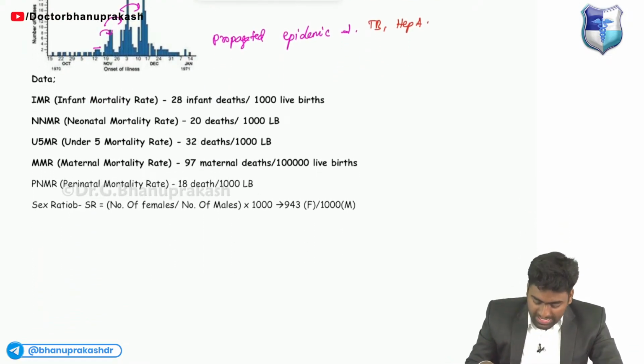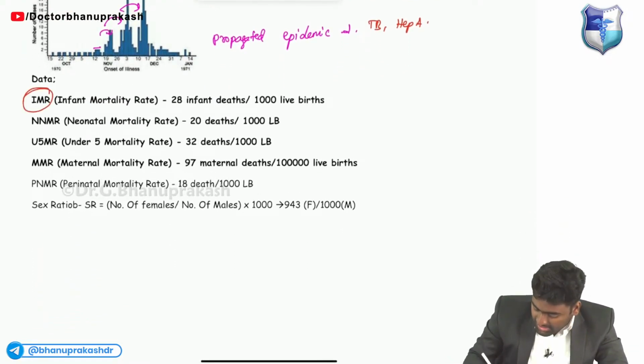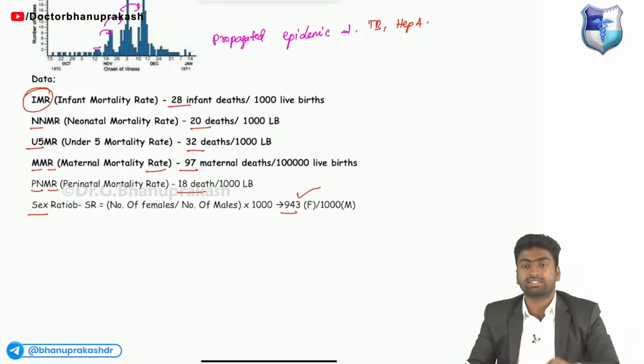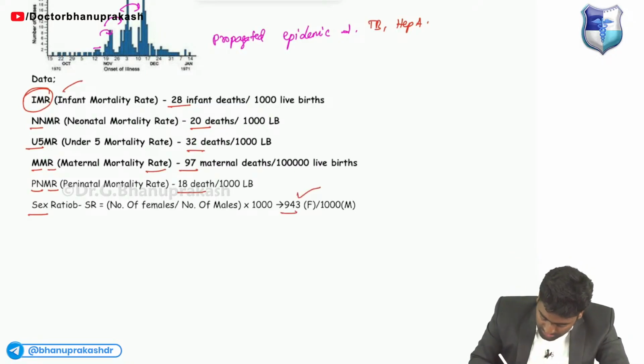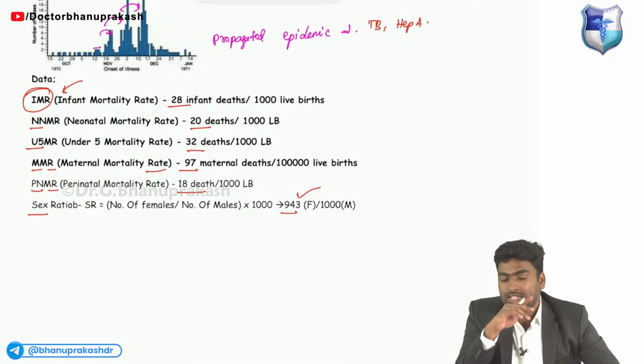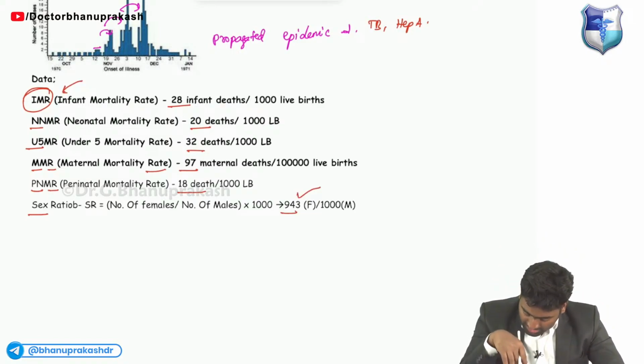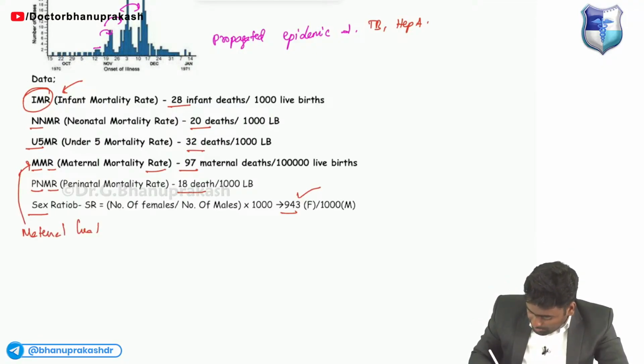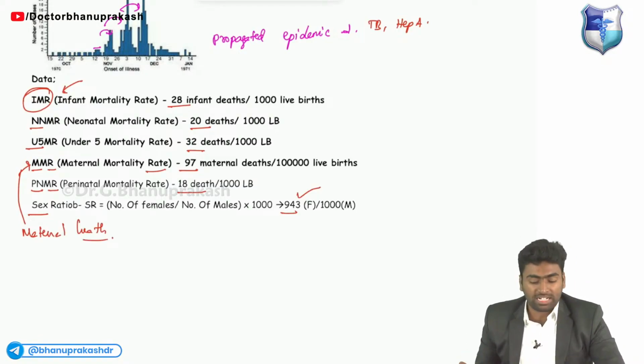Next, we need to remember this data. The current infant mortality rate is 28, whereas the current neonatal mortality rate is 20, under 5 mortality rate is 32, maternal mortality rate is 97, perinatal mortality rate is 18, and the current sex ratio is around 943. To identify whether there is any social problem, we use the infant mortality rate, and whether females are having proper maternal health is assessed by the maternal mortality rate.